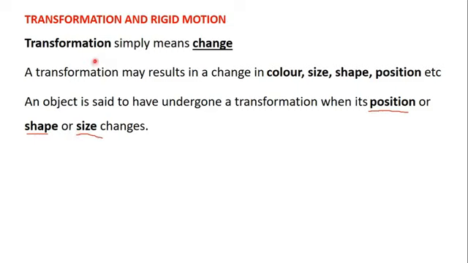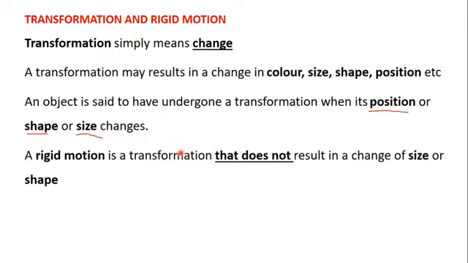Now that we know some basic things about transformation, let's learn about rigid motion. A rigid motion is a transformation that does not result in a change in size or shape. So a rigid motion is an example of a transformation. But this type of transformation does not result in a change in size or shape.